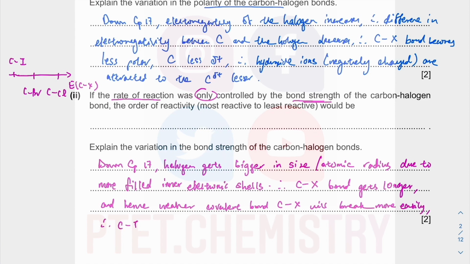Therefore, C-I will react the fastest. So the iodobutane would be expected to be more reactive than the bromobutane, than the chlorobutane, if we are just basing the rate of reaction on bond strength.